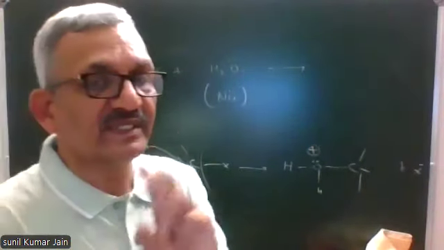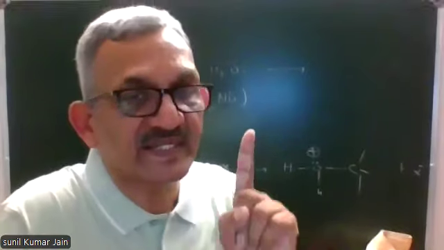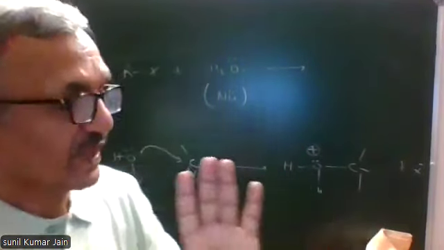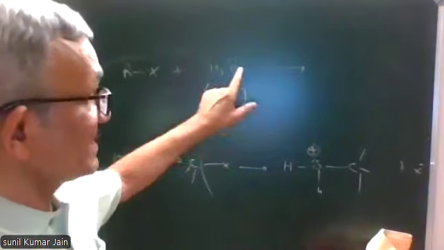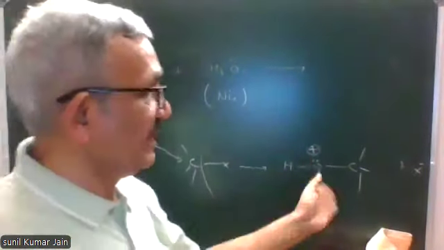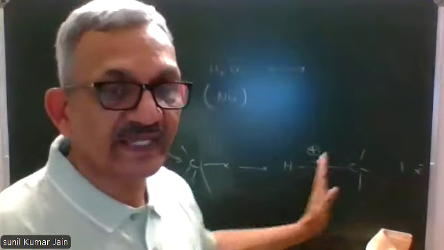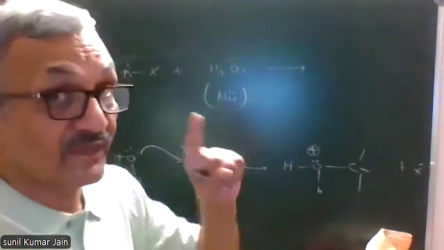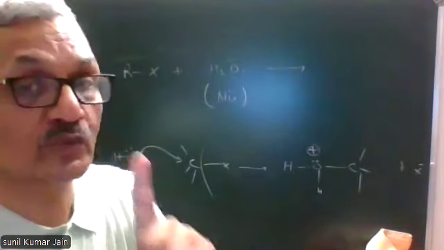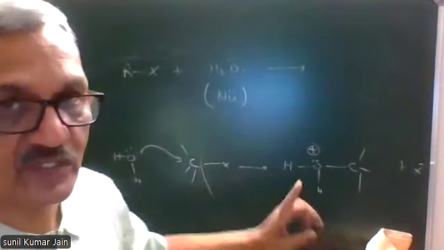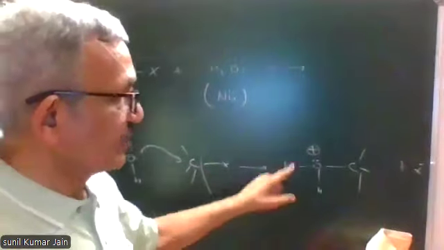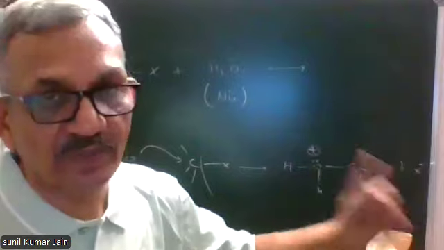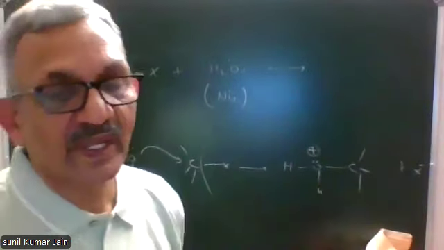Now remember, there's a difference when the nucleophile is negative and neutral. In case the nucleophile is negatively charged, we simply knock out the halogen and in place of that we write the nucleophile. But when the nucleophile is neutral, like in this case, it will attack, give a lone pair of electrons, and form a bond with the alpha carbon atom.